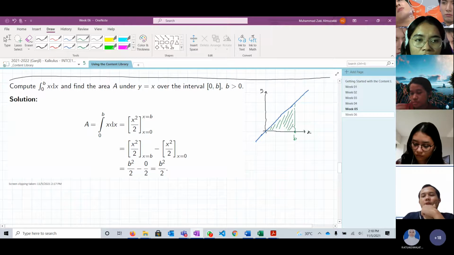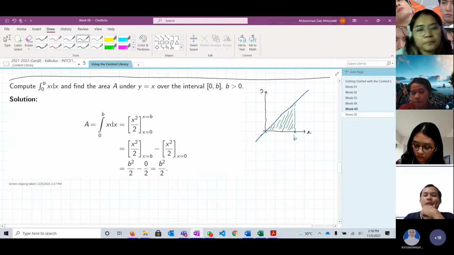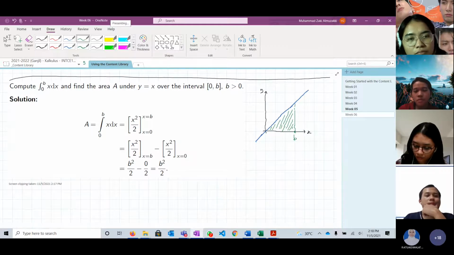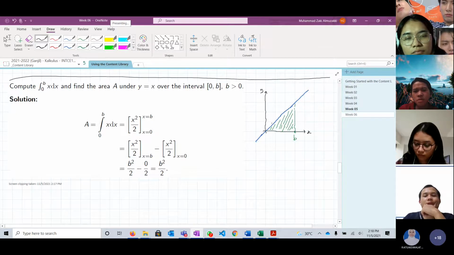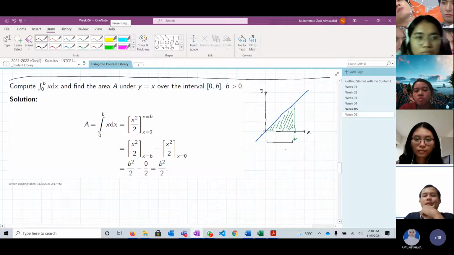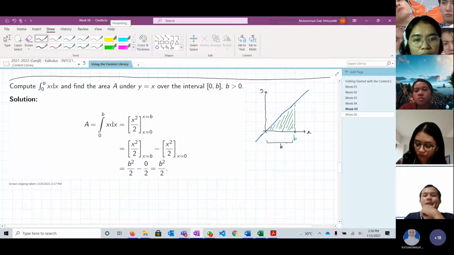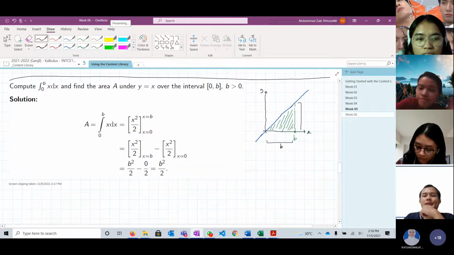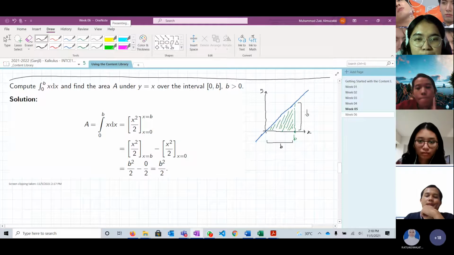What is the shape of the area under the line y equals x and above the x-axis? It is a right triangle. This is a triangle with base b and height also b.